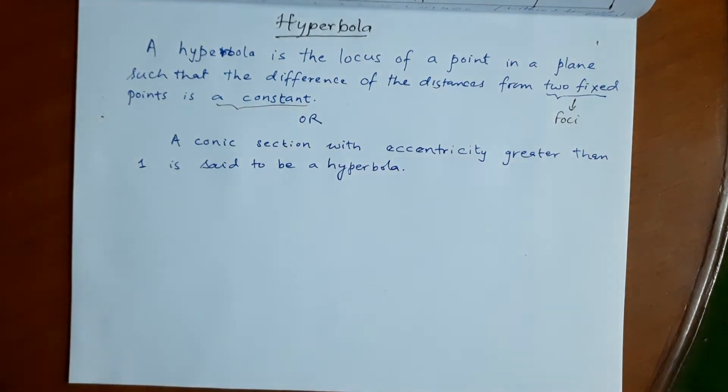Okay, so in terms of eccentricity, a conic section with eccentricity greater than 1 is said to be a hyperbola.